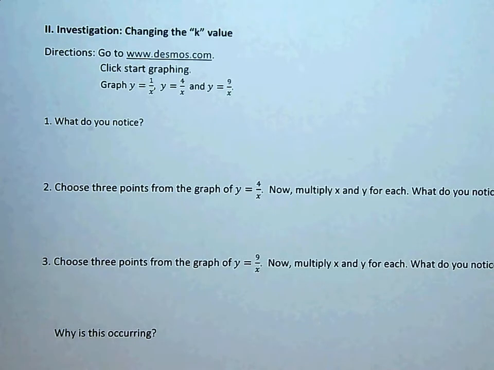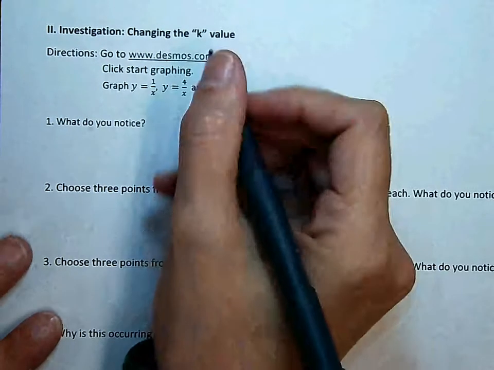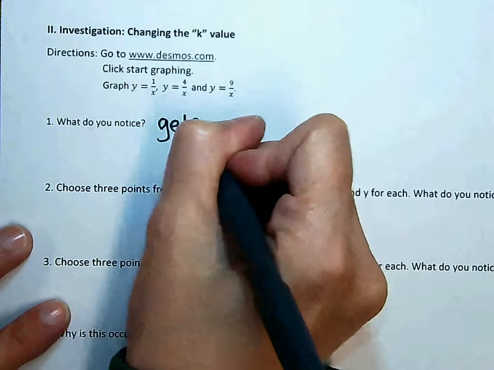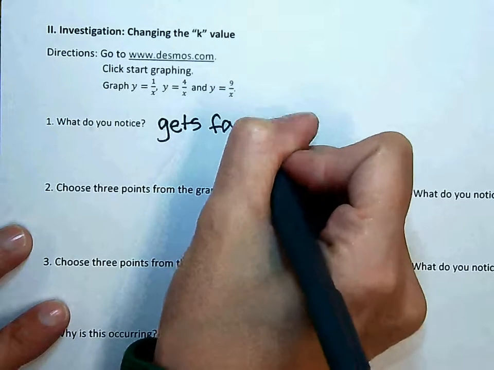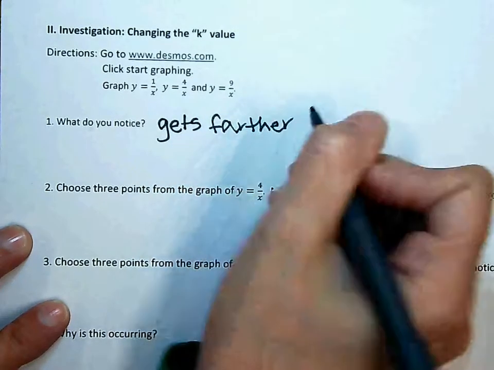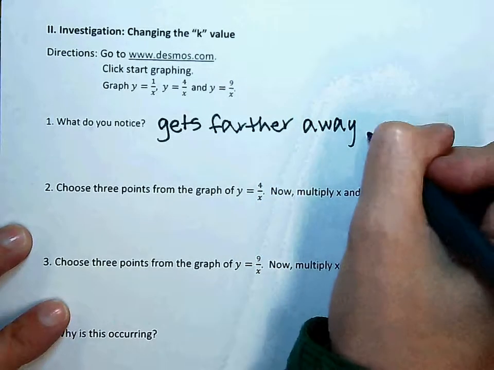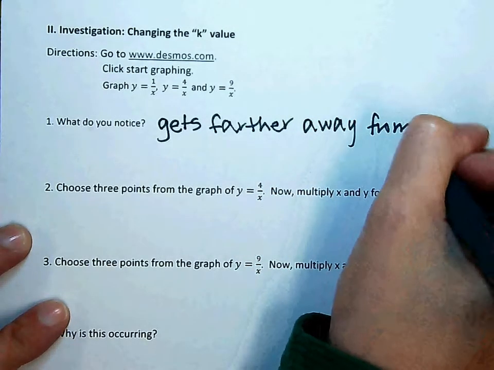That's what we were getting at. Some of you noticed a little bit more of that, but you should have noticed that it gets farther away from the origin. If you wrote down other information, that is fine. We are probably going to get to that in the notes.